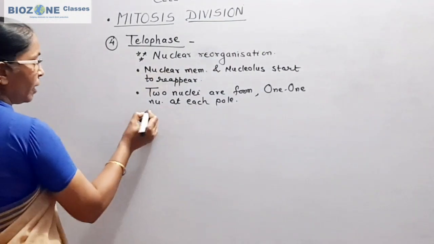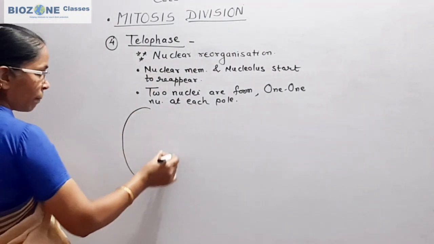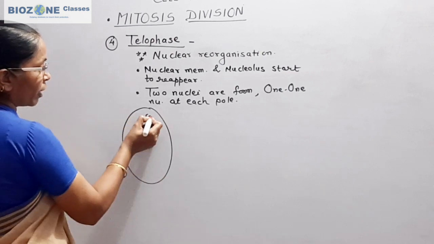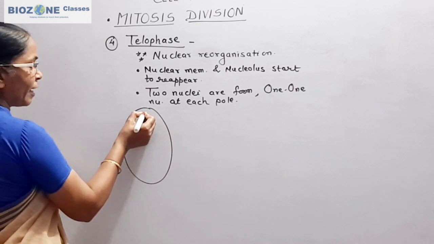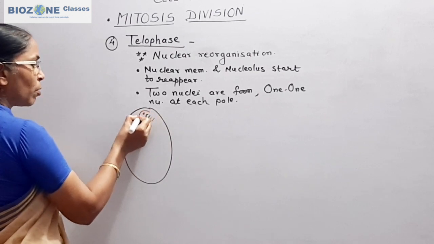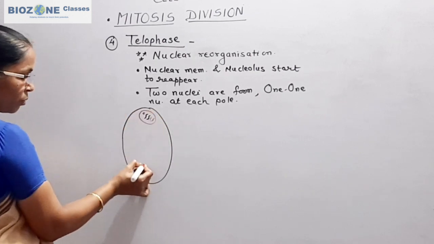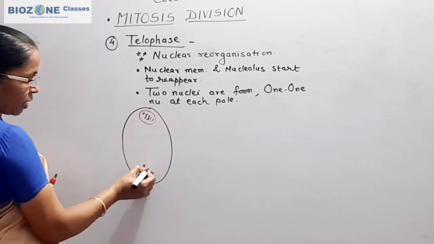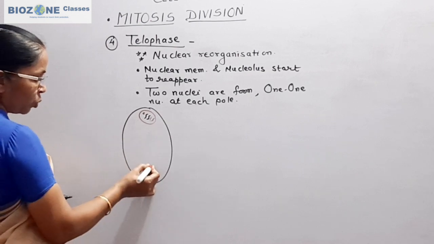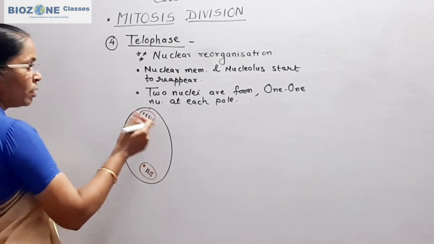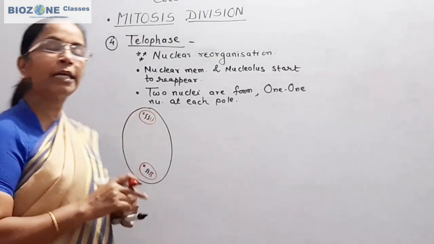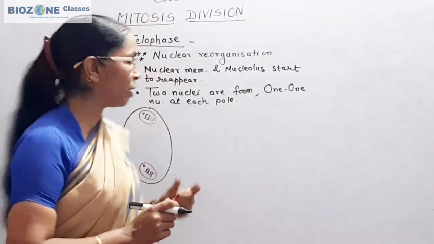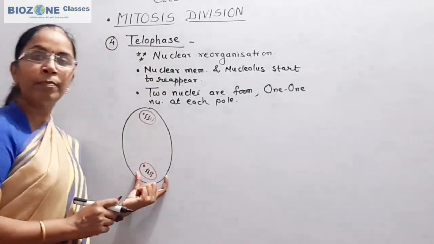At the end of telophase you clearly see here 2 black chromosomes and 2 red chromosomes, fine thread-like structures; the nucleolus is formed as well as the nuclear membrane starts to appear. So at the end of telophase 2 nuclei are formed, the centrosome is present, but astral rays and spindle fibers completely disappear. So this is the feature of telophase.